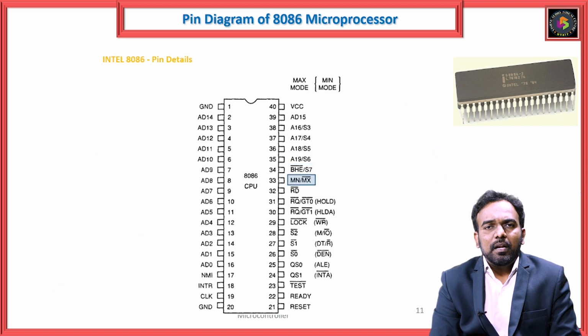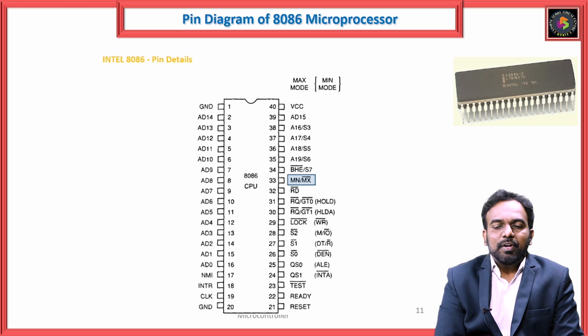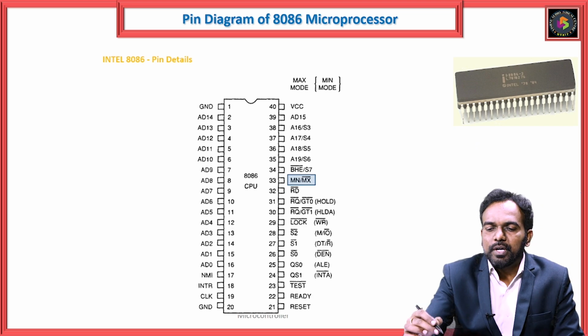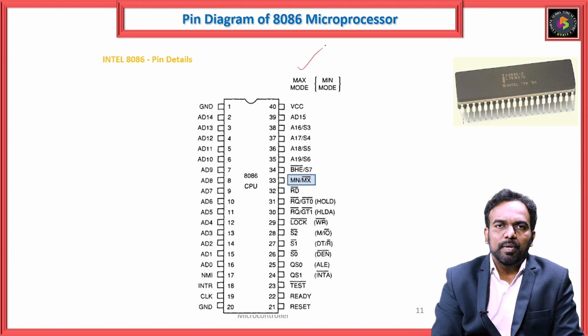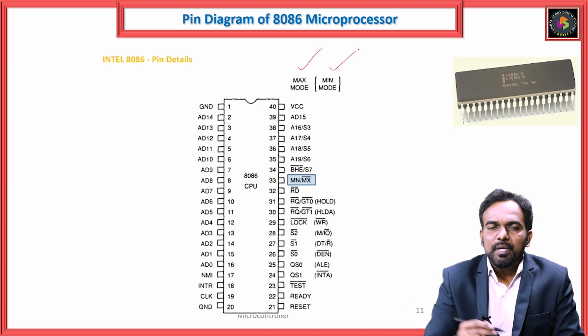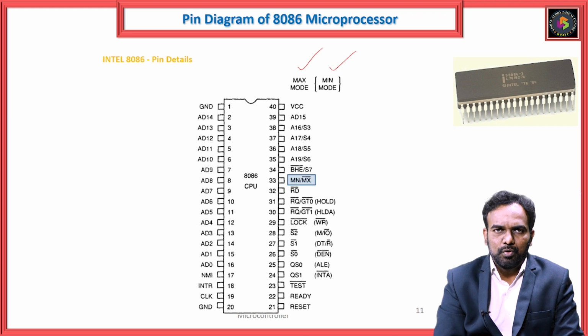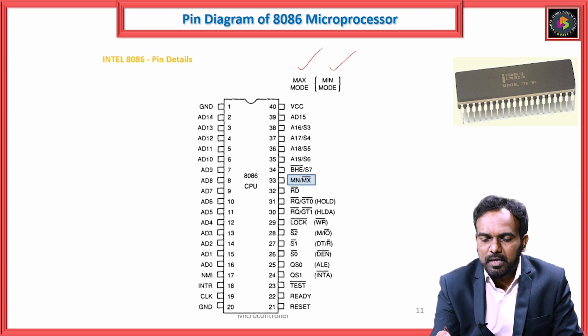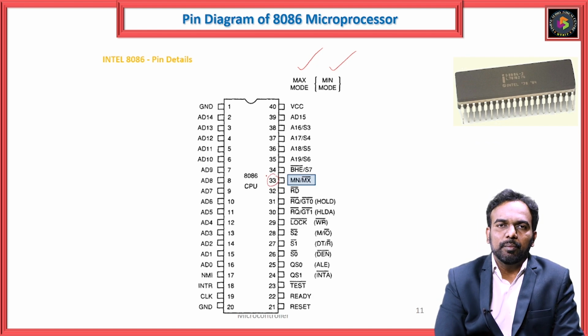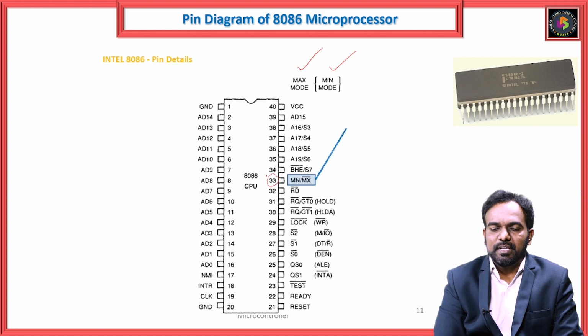Next, we can operate our 8086 microprocessor in two different modes. One mode is called the maximum mode operation, and another mode is called the minimum mode operation. How do we select minimum mode and maximum mode? There is a pin available in the 8086 microprocessor, pin 33, called MN/MX bar.